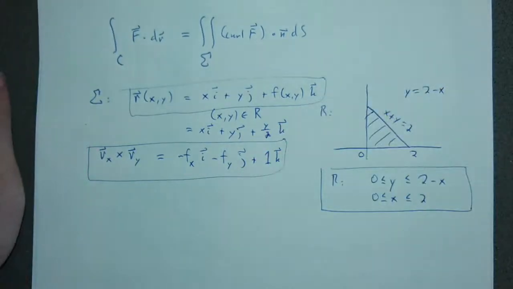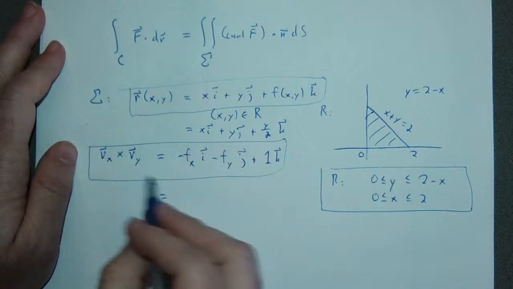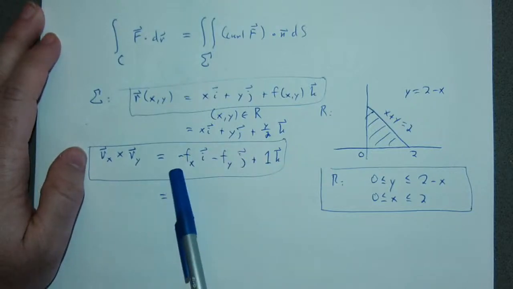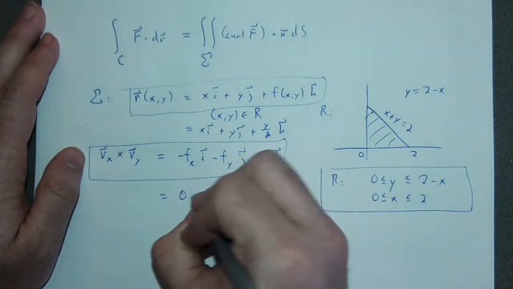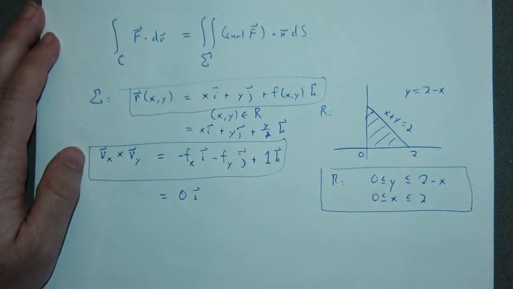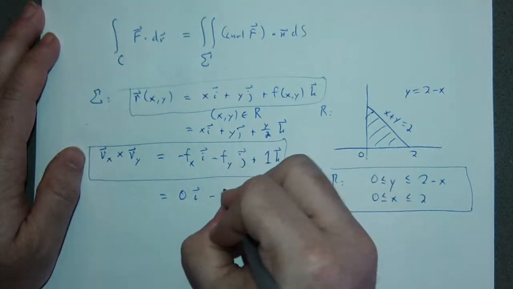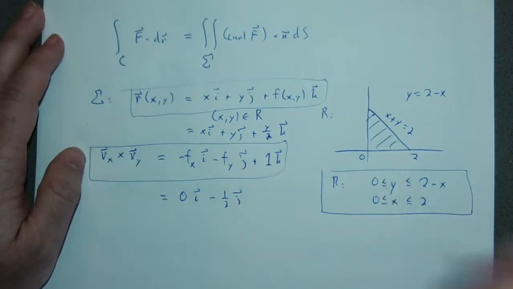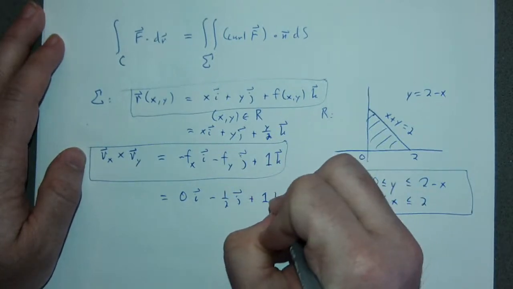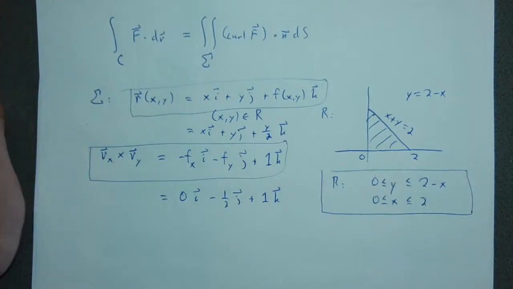And so this r sub x cross r sub y is minus the x partial of f, well, that's 0, i, minus the y partial of f, which is minus 1/2, j, plus 1 k.